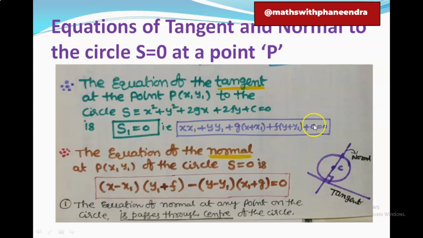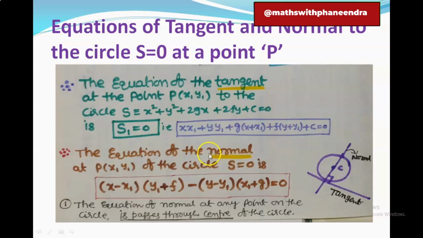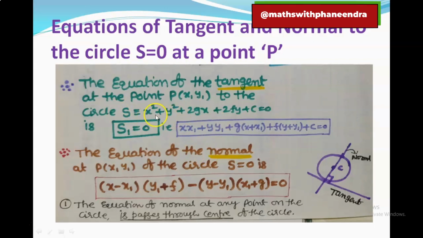How to remember easily also I said, whenever the equation of tangent is there, in place of x² it will become xx1, in place of y², yy1. In place of 2gx, half of 2g is g, into (x + x1) we have to add. And 2fy, half is f, into (y + y1), plus c equal to 0. This is the equation of tangent.